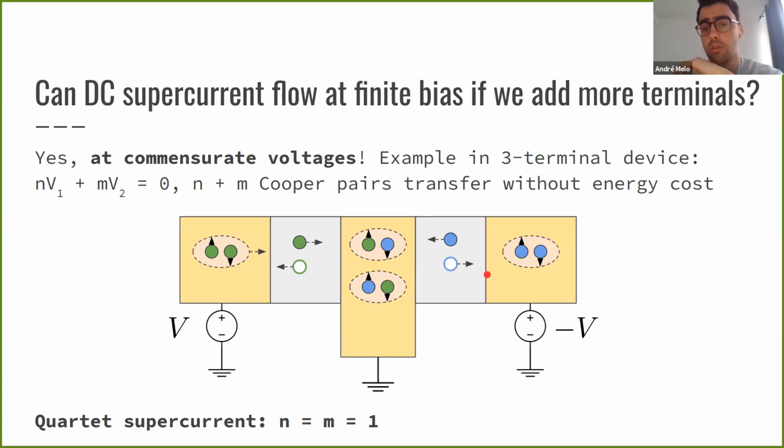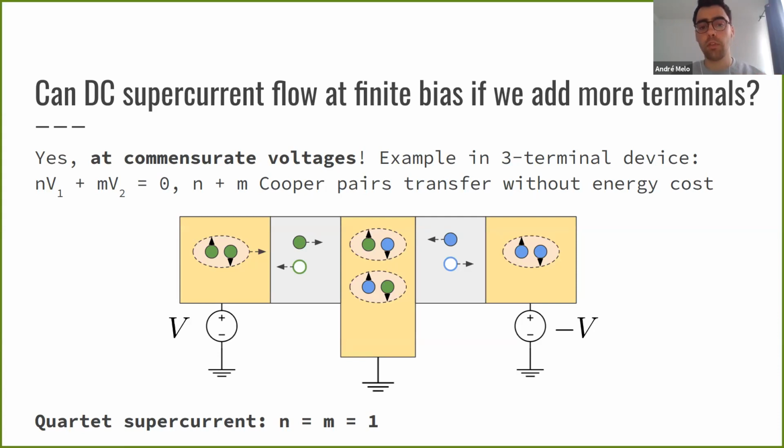This hole is going to travel to the right to this other biased contact, and it's going to Andreev reflect as an electron. The electron again goes towards the middle, cross Andreev reflects as a hole. This hole on the left Andreev reflects as an electron, and now you're back to the beginning of the process. You just repeat this process. These are the microscopic steps that lead to this charge transfer.